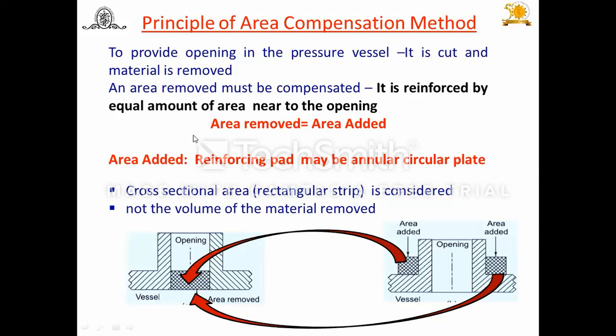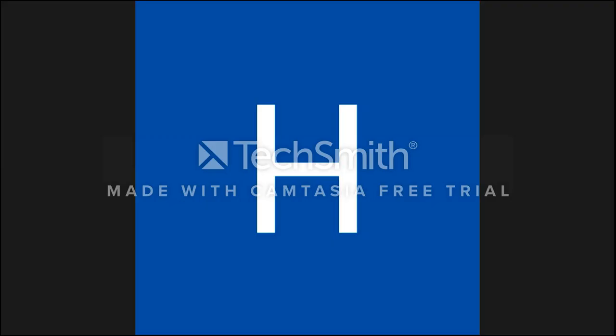Because of that, some material, that is, area, is removed from the pressure vessel. But how to compensate that area? While designing the shell or the end closures, we have not taken it into account. If some material is removed, there may be a possibility of stress concentration.